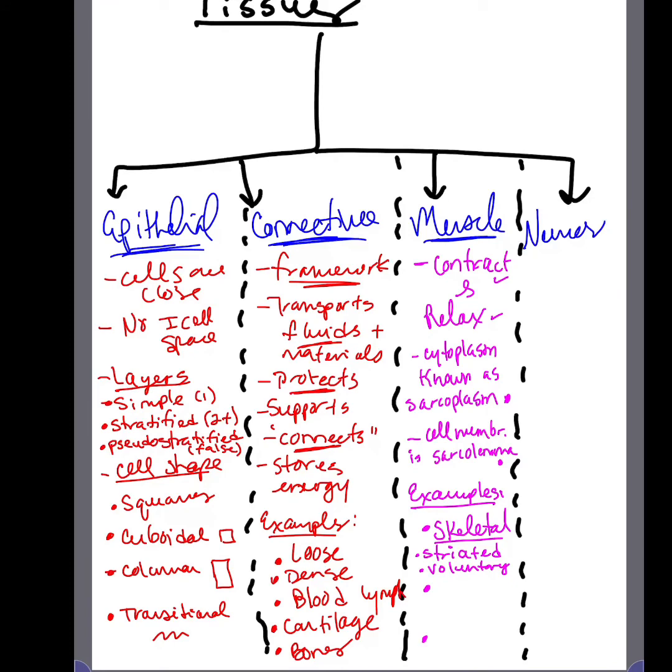The second type of muscle is the cardiac muscle. And the cardiac muscle also is striated, but is involuntary, meaning that you cannot control it. And the third type of muscle is called smooth. Smooth muscle is non-striated, and it's also involuntary.